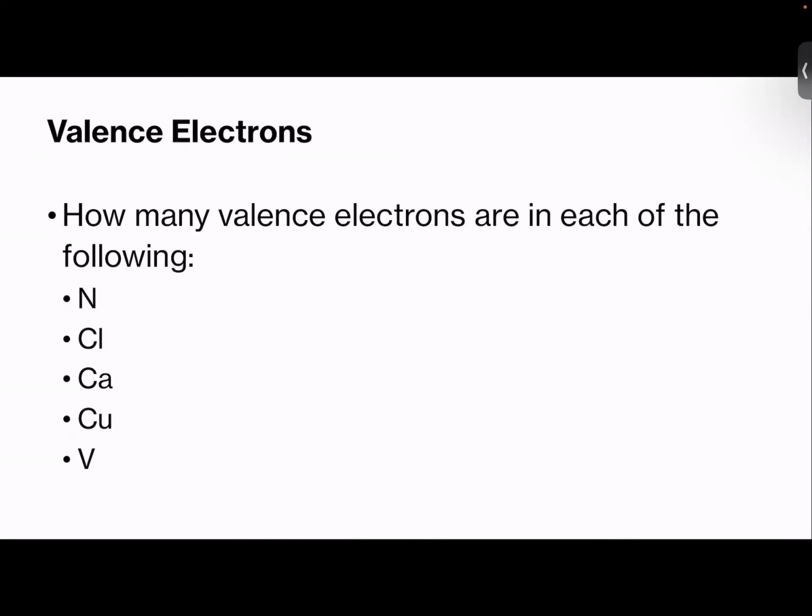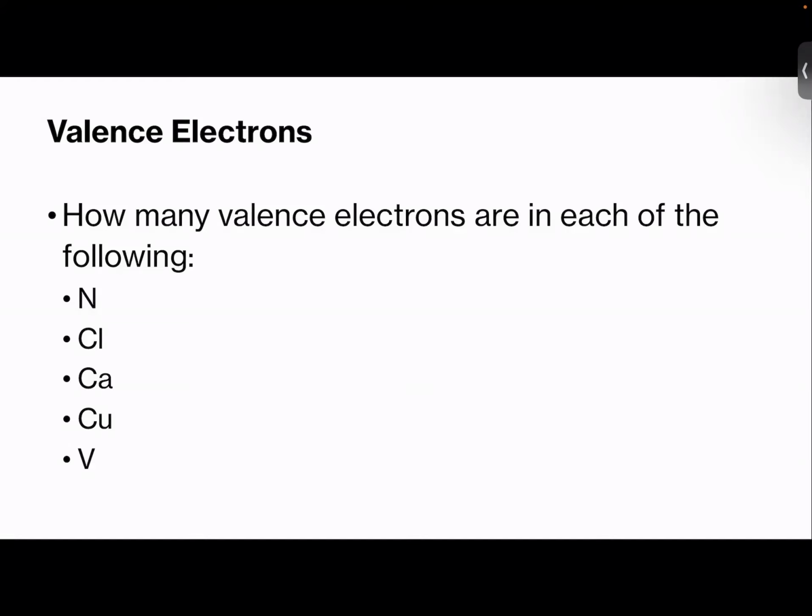Yes, you'll have something like this question on the test. Somebody give me a number that is the number for nitrogen. 5. Group 15, last digit of 5. 7. Group 17, the last digit of 7. 2.